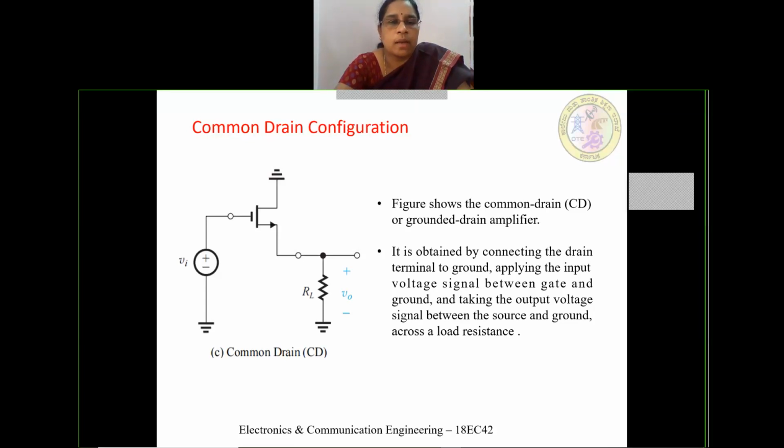At the source terminal we are connecting the load resistor RL across which Vo will be measured. So the input is applied between gate and the drain, and the output is measured between source and the drain terminal. So these are the three basic configurations with respect to MOSFET amplifiers.